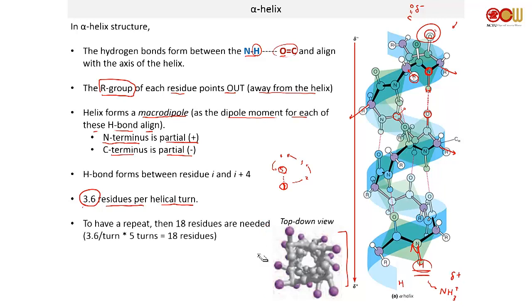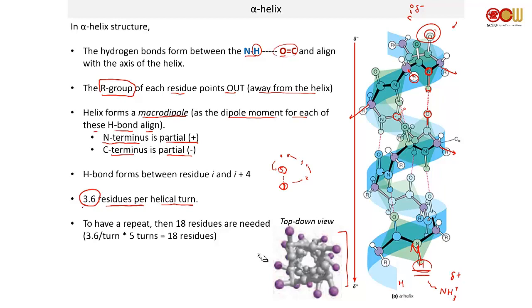But first, to have an exact repeat, 18 residues are needed, because for every turn you make for the helix it's 3.6 residues. And you want an exact repeat, meaning the amino acid at this position, the next time you have an amino acid at the exact location but higher up, it's going to be 18 residues away.